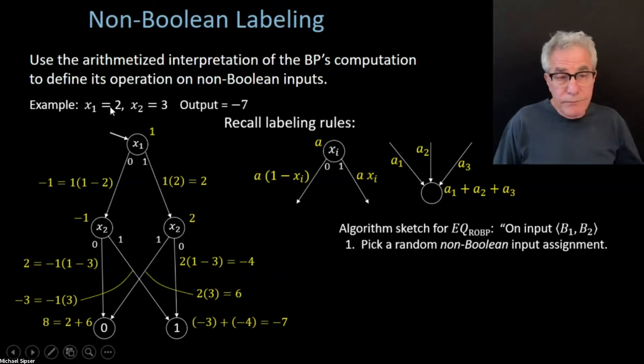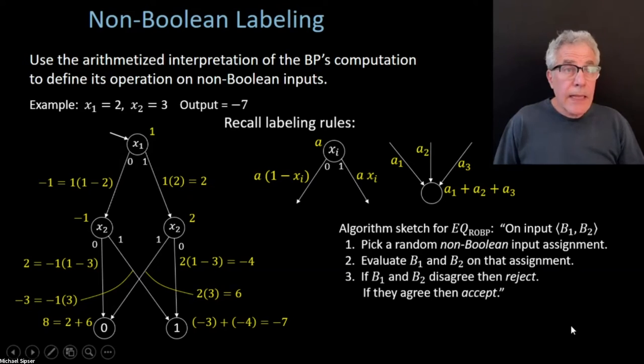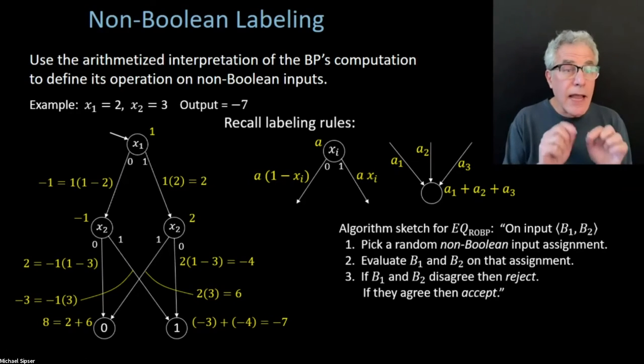A random value for x1, a random value for x2, and so on. These could be numbers like 17 and 25 and 23 and so on. And then using this process, run the branching programs to evaluate them on that non-Boolean assignment. If they disagree, then we're going to know that the two branching programs were not equivalent, even on the non-Boolean case.